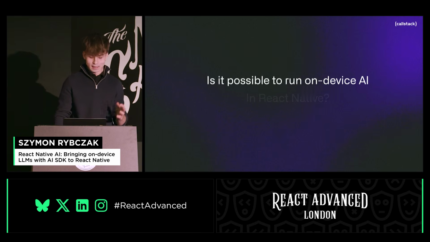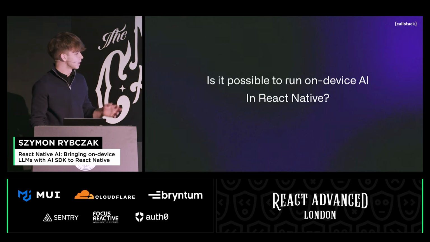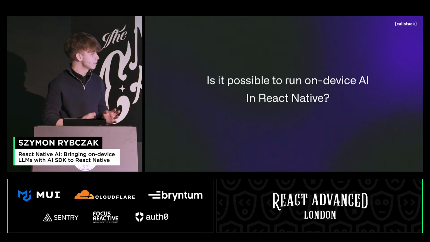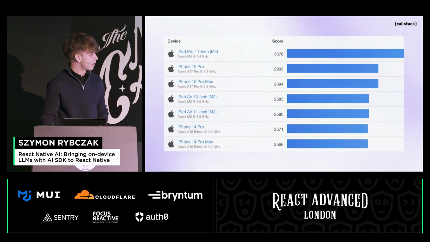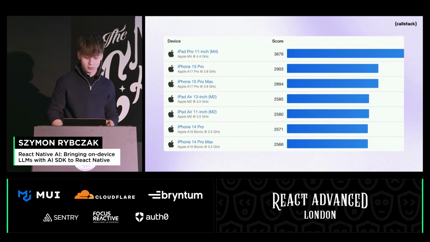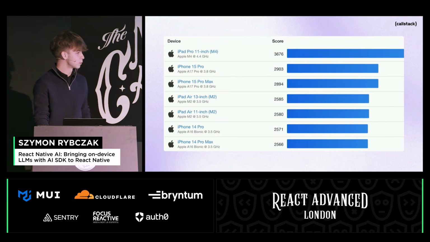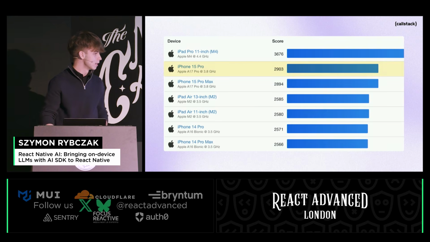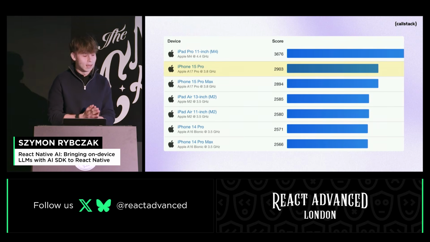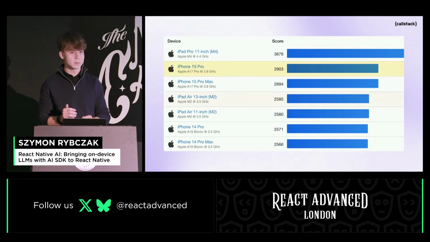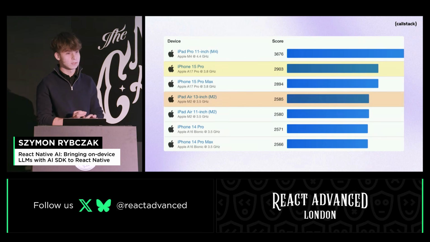And after looking at the stats from some latest iPhones, like 2 years ago, the stats are really good. Like on the single core, actually, iPhone 15 Pro has the same performance as some iPad Air. And it really showed me that devices that we carry in pockets are really powerful.